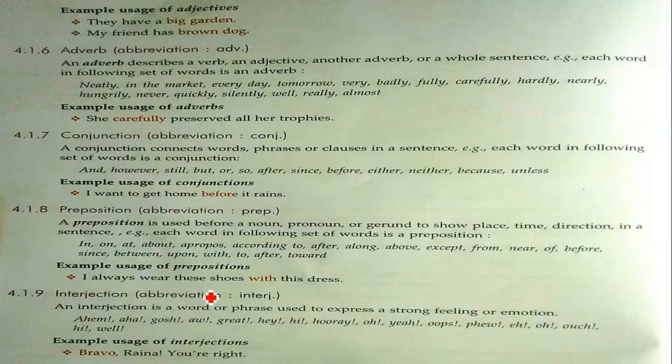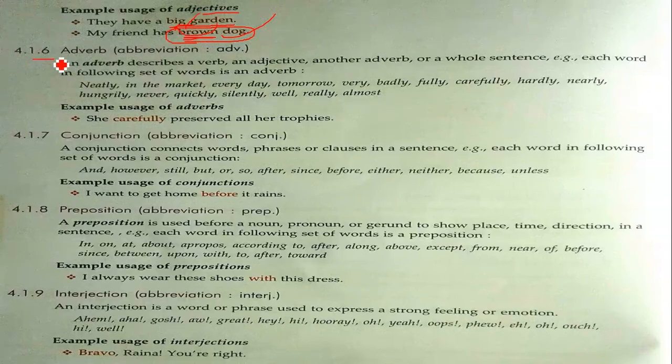These are adjectives. See the example sentences. They have a big garden. The speciality of this garden is that it is big. My friend has a brown dog. The feature of this dog is his color, and that is brown. So these two words, big and brown, are adjectives.